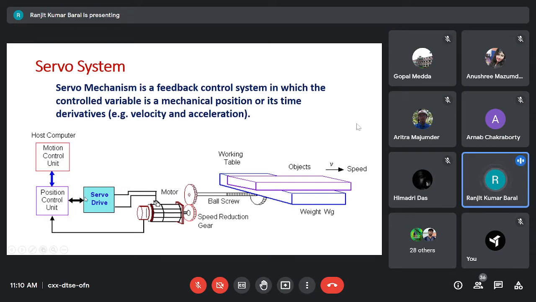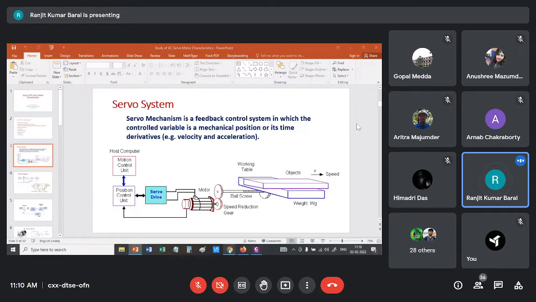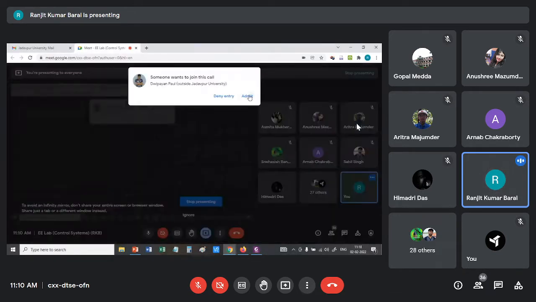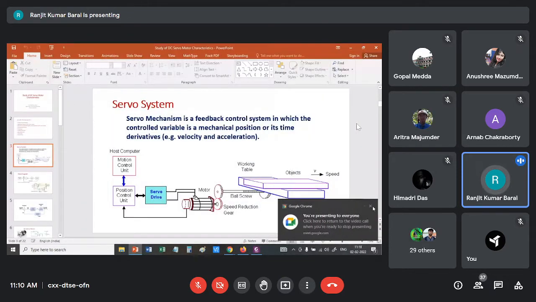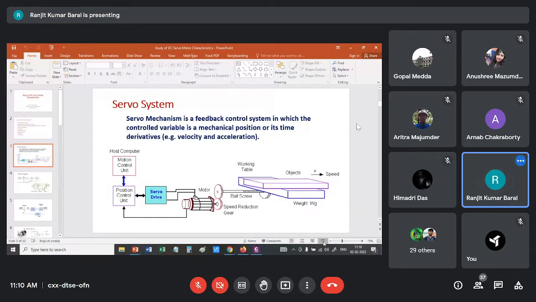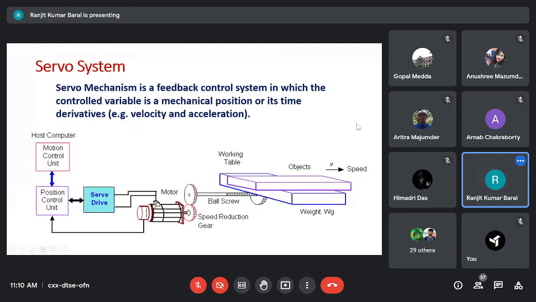But that control command is basically a signal which cannot drive a motor. Therefore, we need to amplify that signal to bring it to the power level. After we bring it to the power level, we can apply it to the armature of the DC motor over here, and it will produce the necessary torque, because torque is proportional to flux into armature current.